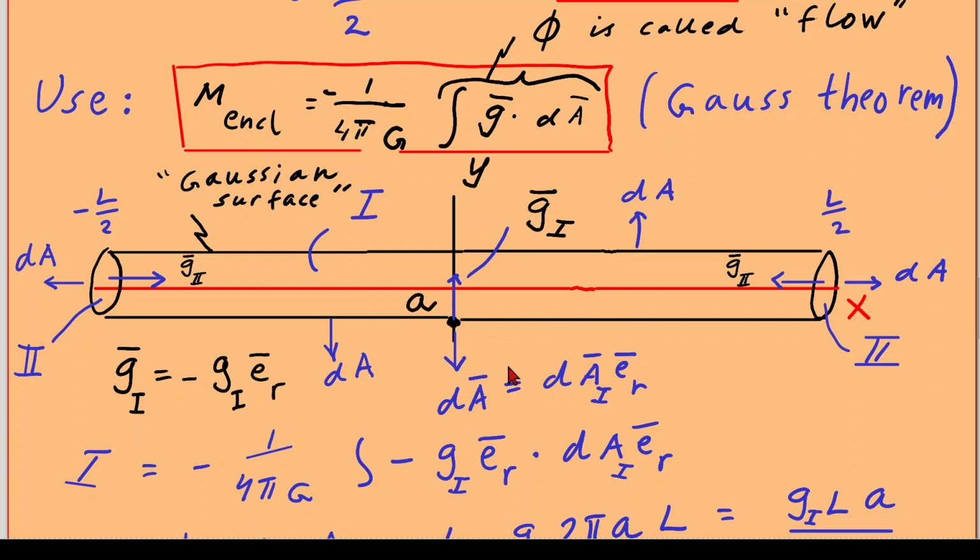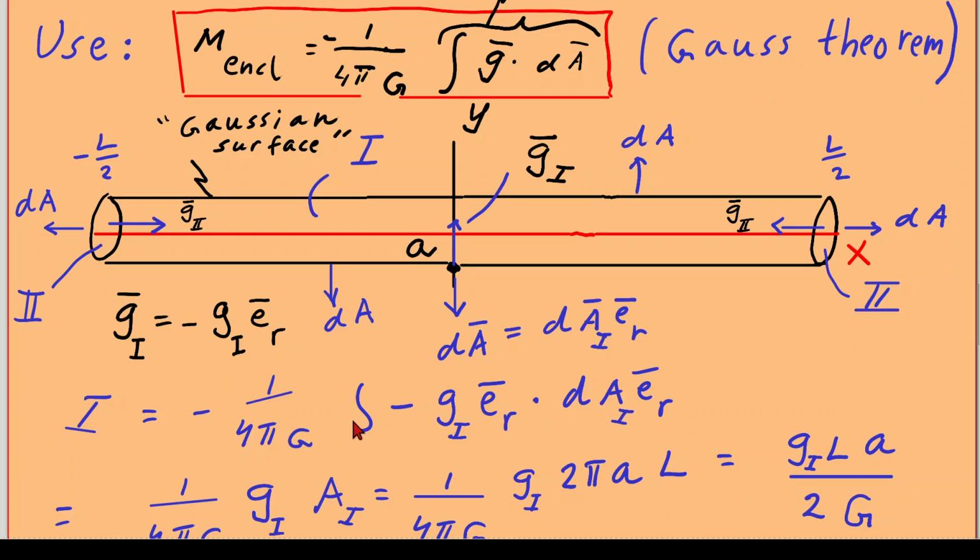That will be perfect for a lot of points on this surface except near the end points. But later we will make this L very large, so it will be true for almost all the points here, that the g field is directed in this way and given by this formula.